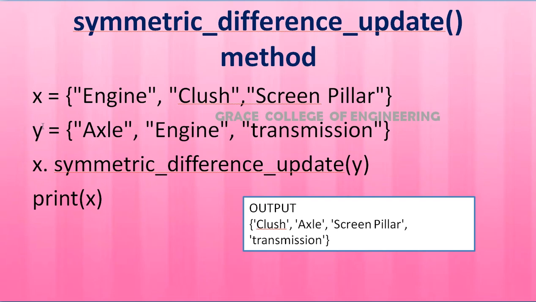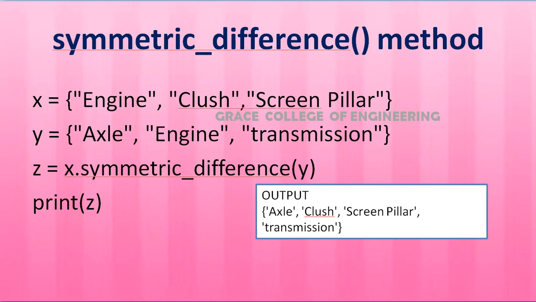And next, the y variable stores axle, engine, transmission. So here the duplicate is engine, right, which is present in both the variables. x.symmetric_difference_update(y). Print x. So the output is clutch, axle, screen pillar, transmission. The engine will not be printed.